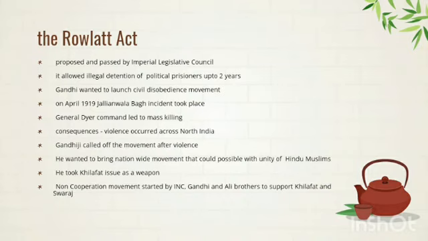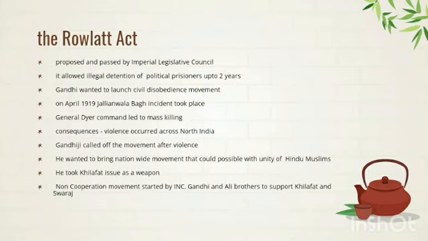Rabindranath Tagore, at that time, returned his knighthood title to show his protest against the British government. So Mahatma Gandhi was forced to call off the movement when he saw the spread of violence, especially in northern India.